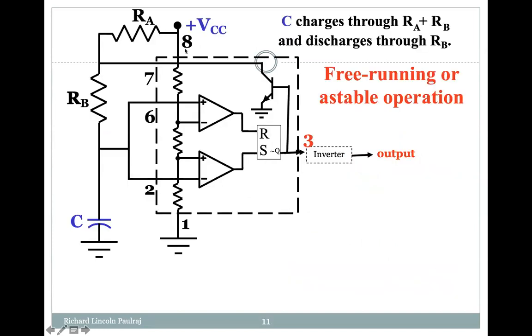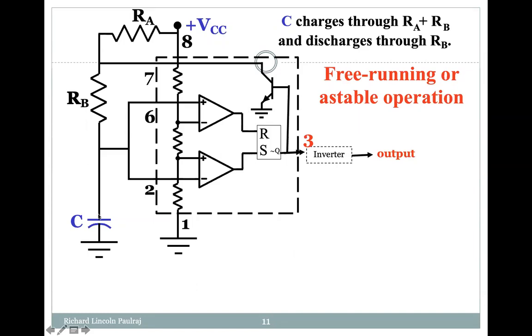Now the internal structure here. We are looking at two comparators, and three resistors as usual, 5K, 5K, 5K, and the RS flip flop, and a transistor here, and RA, RB.